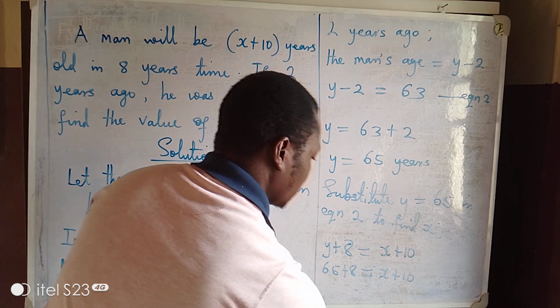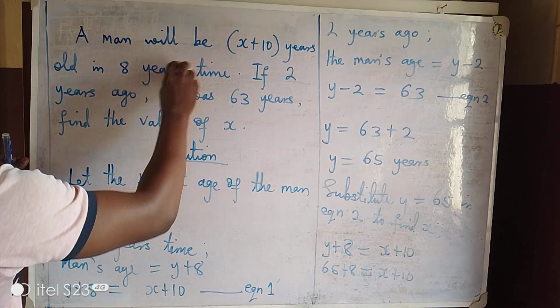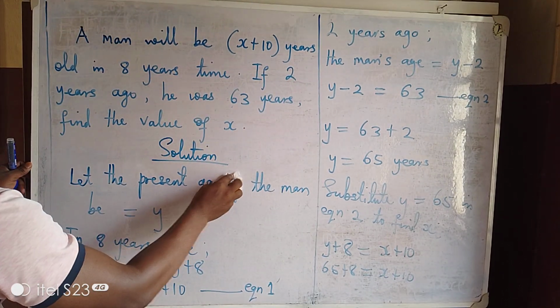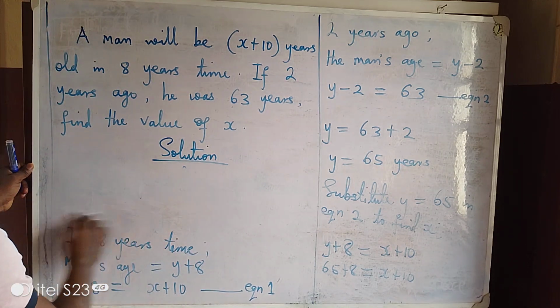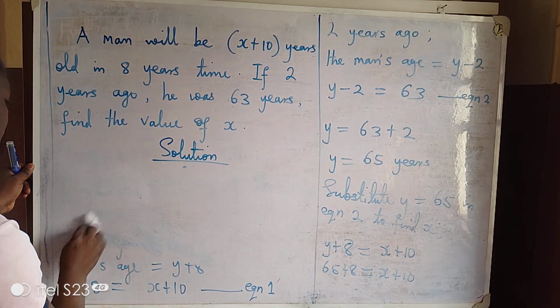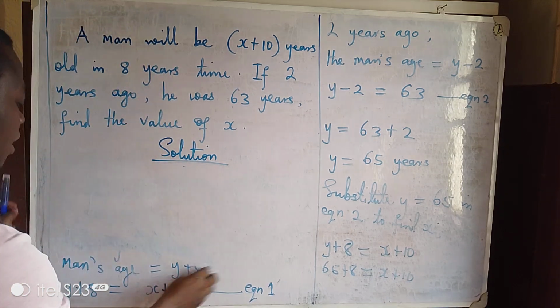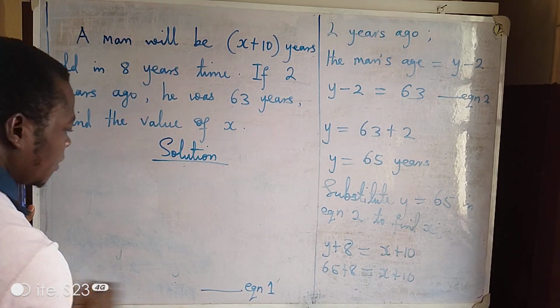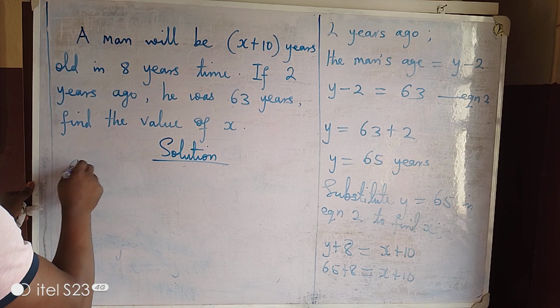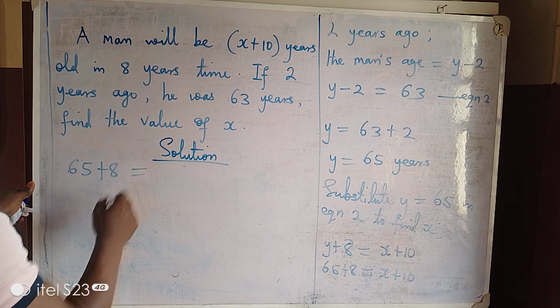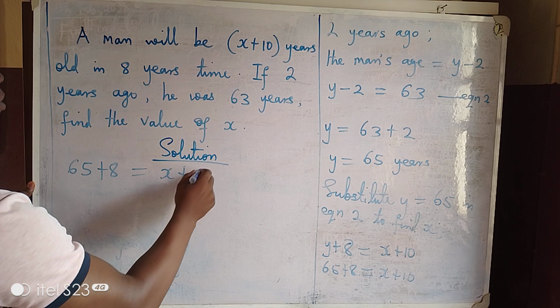Let me clean this and write it again: 65 plus 8 equals x plus 10.